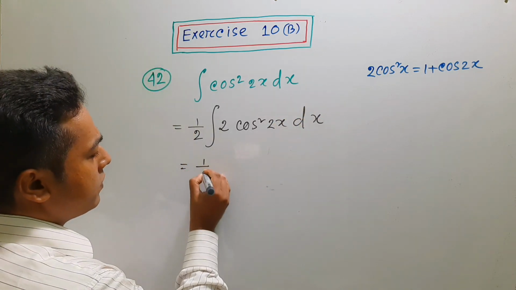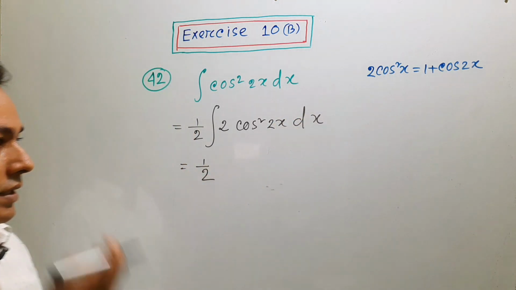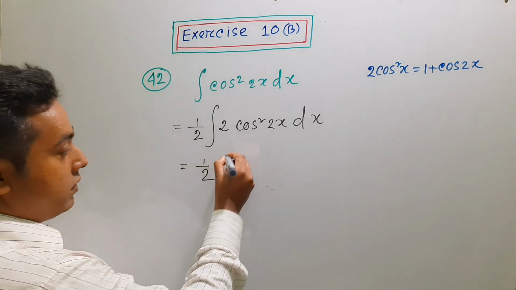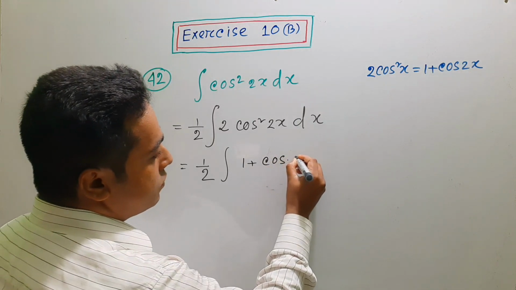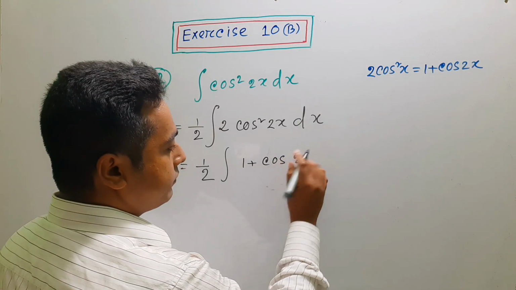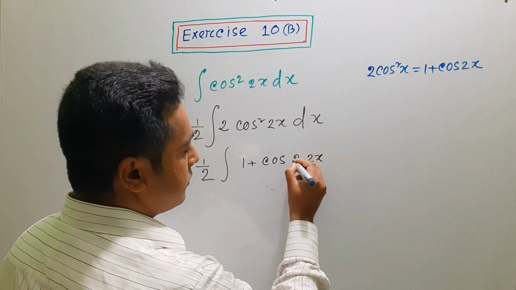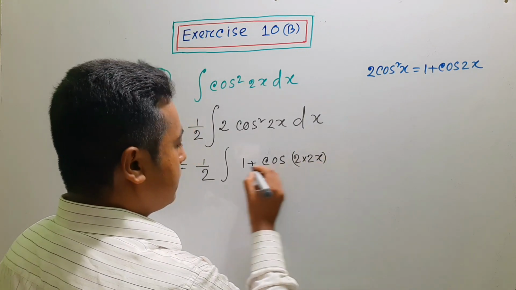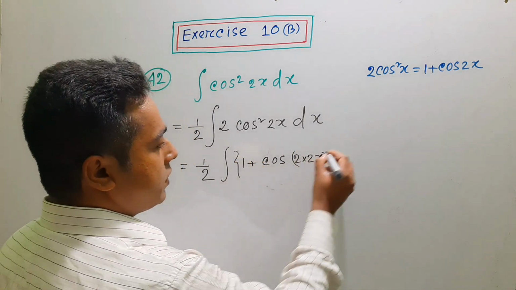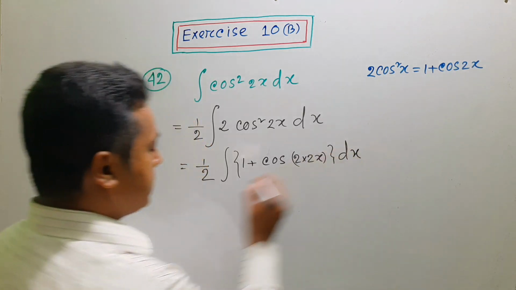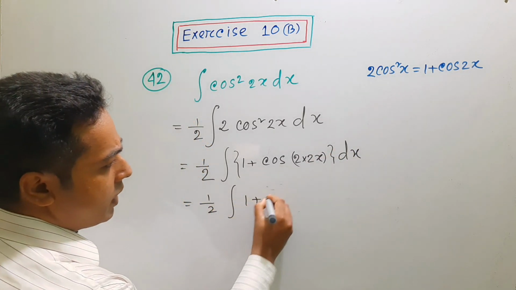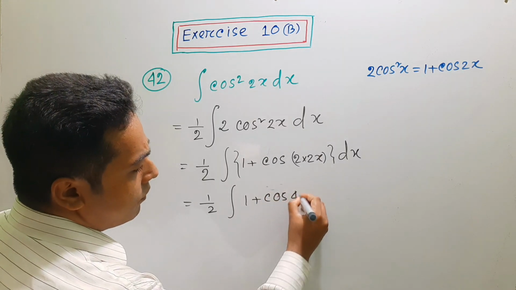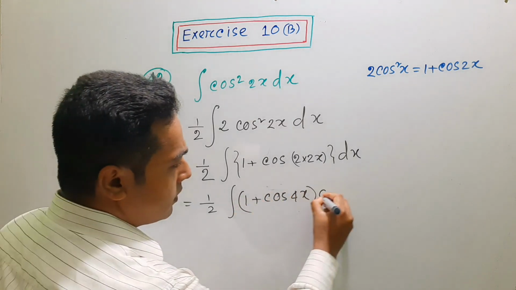Now according to this formula, we can write it 1 plus cos 2x, 2 into 2x, into dx, then 1 by 2 1 plus cos 4x dx.